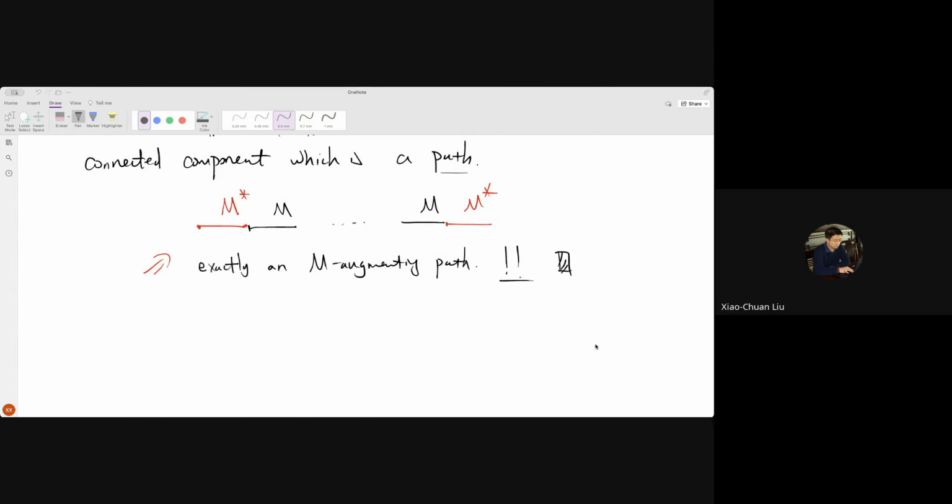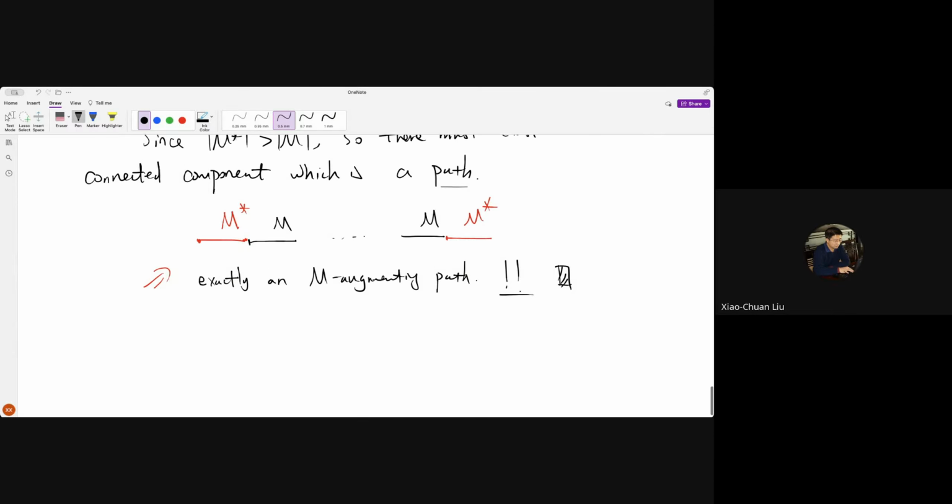It's enough to assume that M star has a number of edges strictly more than M. So why is that? Because I'm talking about connected components.